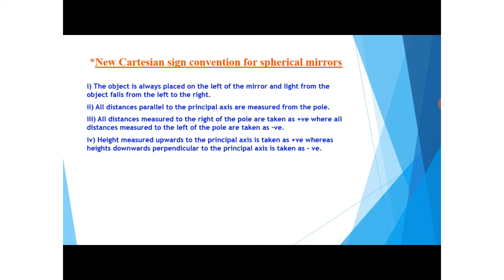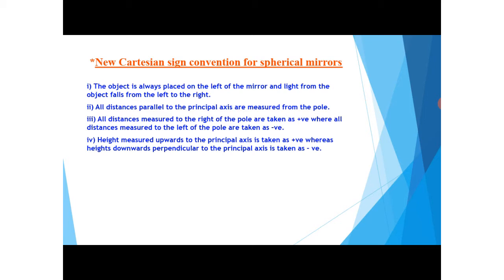The height measured upward from the principal axis is taken as positive, whereas the height downward from the principal axis is taken as negative, just like y distances above the origin are positive and y distances below the origin are negative.